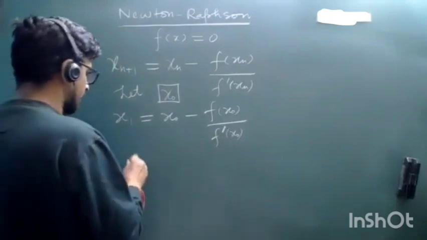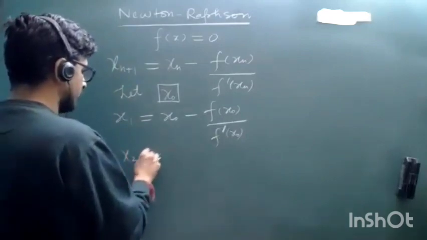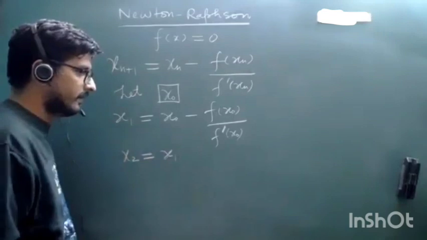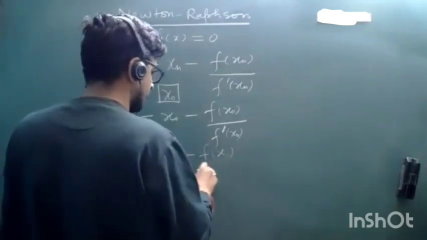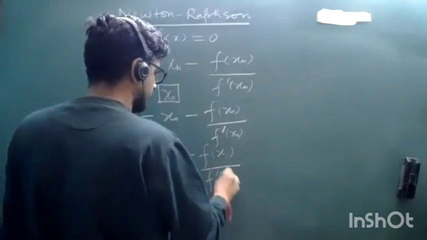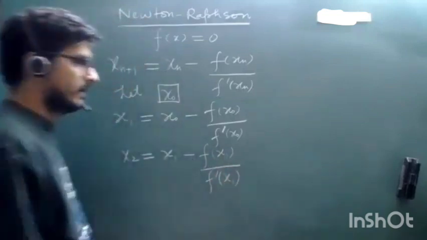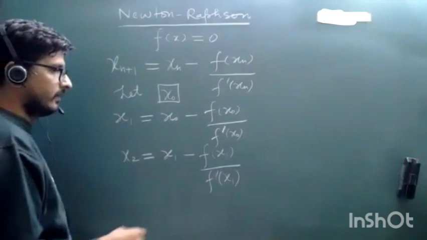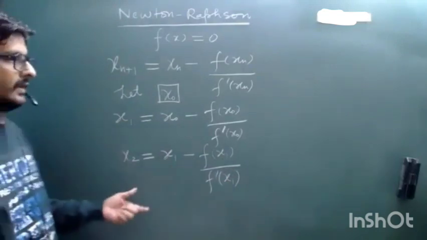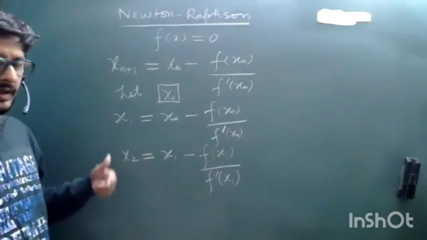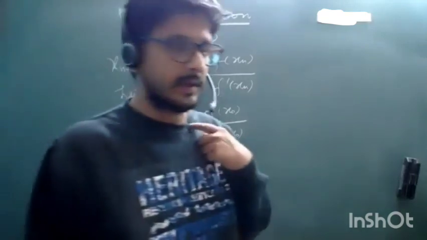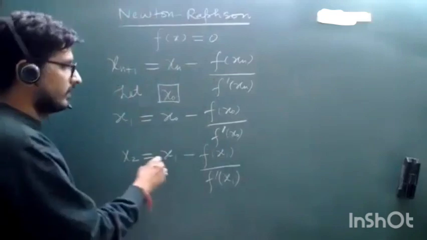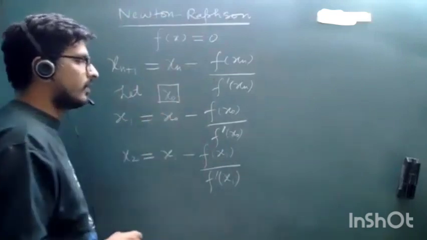Once x1 is calculated, you can go into the second iteration. x2 = x1 - f(x1) / f'(x1). So this is how it will go: x1, x2, x3. The higher you go into the iteration, the closer you get to the true value.